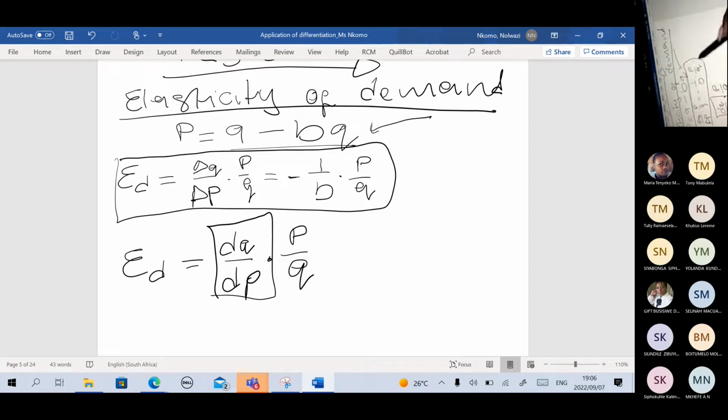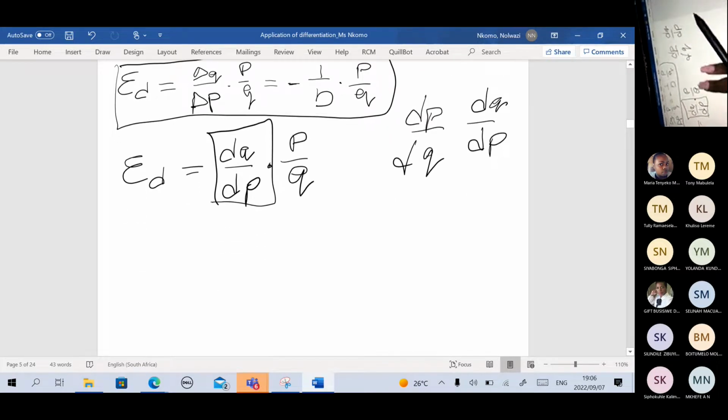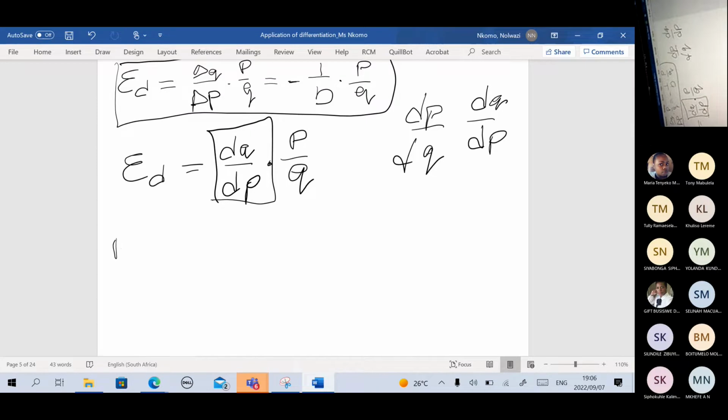Sometimes you'll have to find the derivative of P with respect to Q, and sometimes the derivative of Q with respect to P. It depends on the format of your equation. If the demand function is given as P being a function of Q, then you'll have to find the derivative of P with respect to Q.